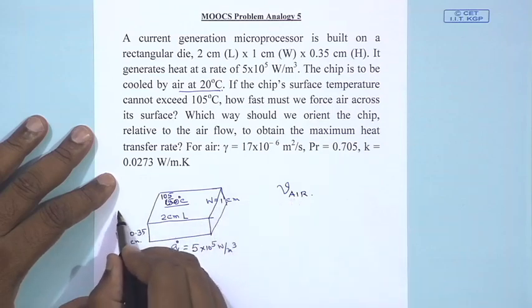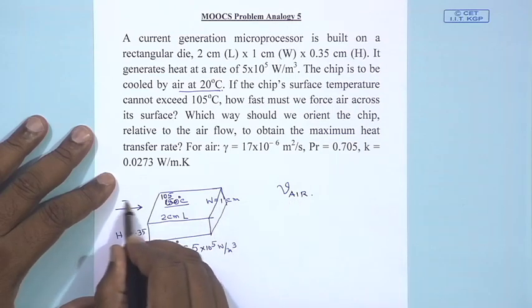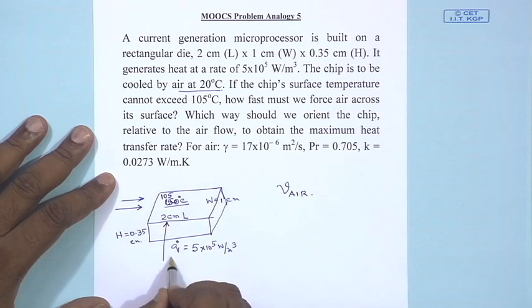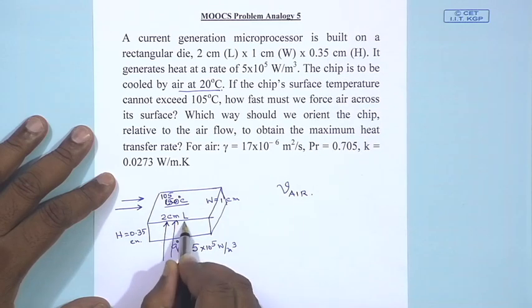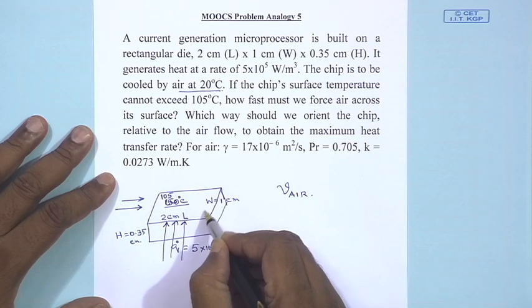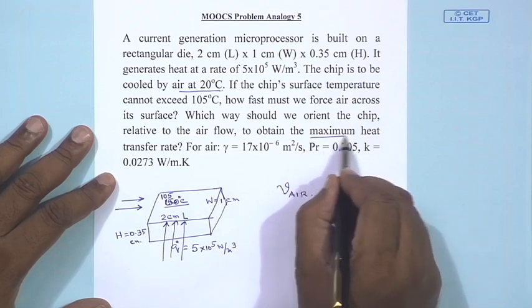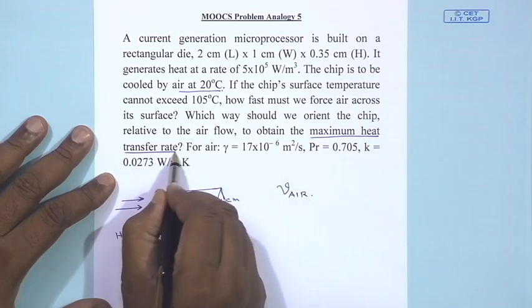And should we orient it like this, where the flow is going to be along the 2 centimeter length, or the flow of air is going to be like this, in which case the flow is along the shorter side, parallel to the shorter side of the plate, in order to obtain maximum heat transfer rate.